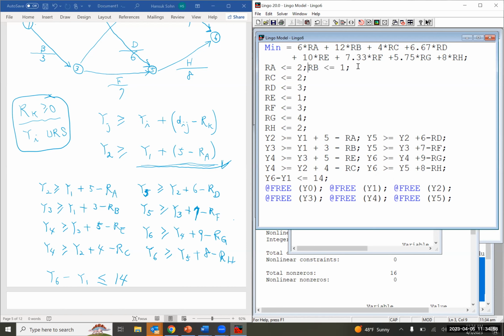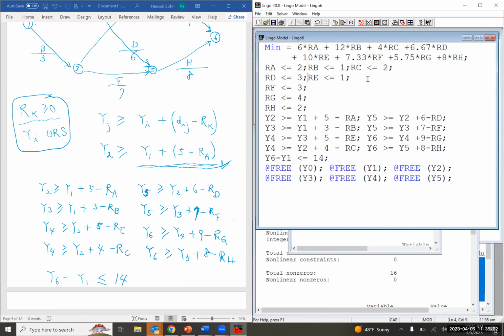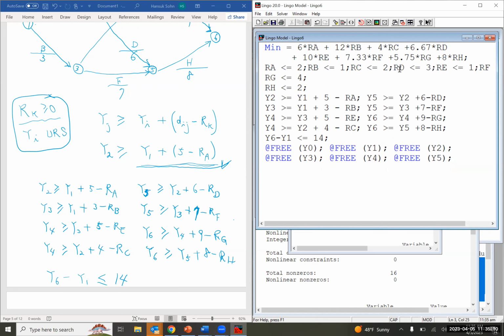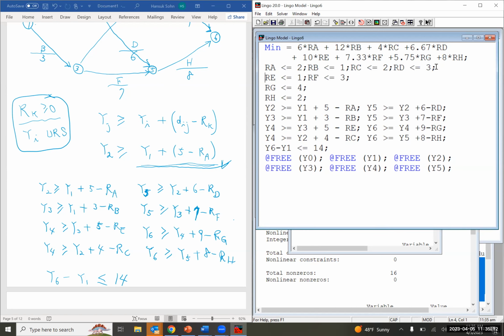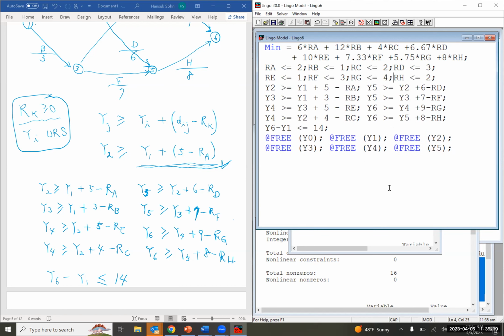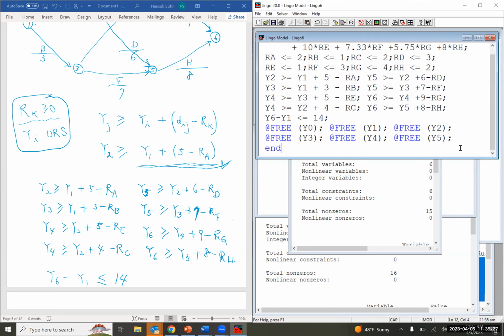Let me do this way. Four, and then can do this, right? Okay. So we can save some space. And I'm going to put ending mark here.